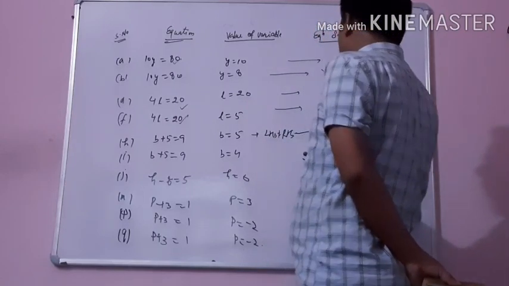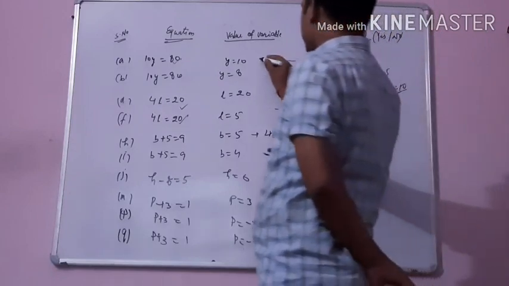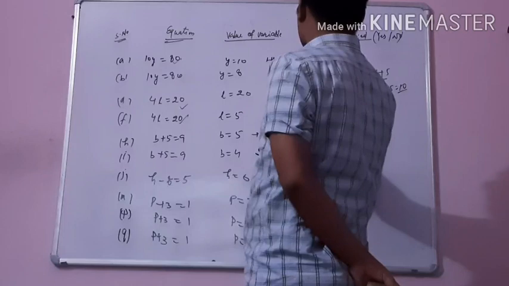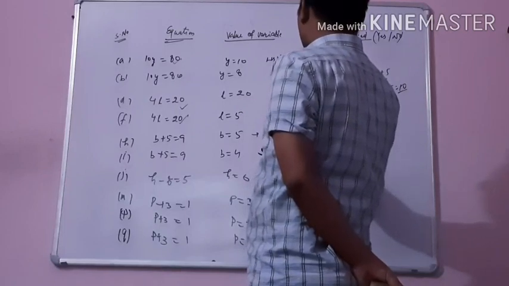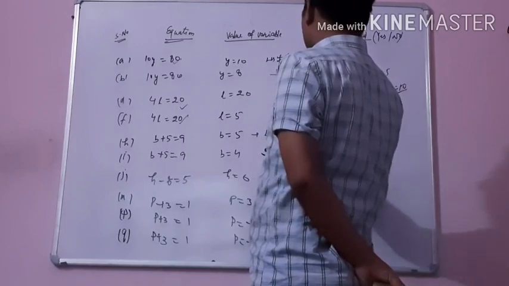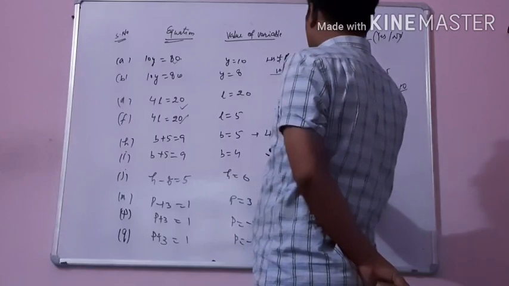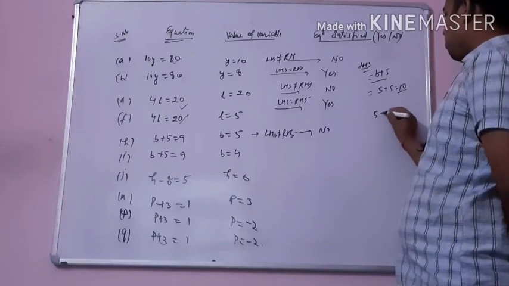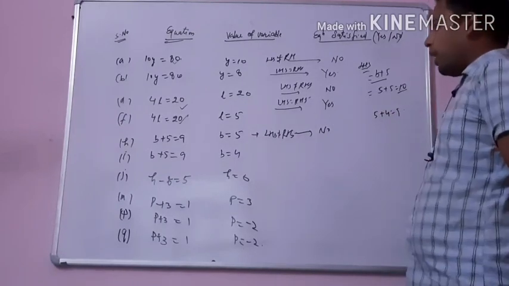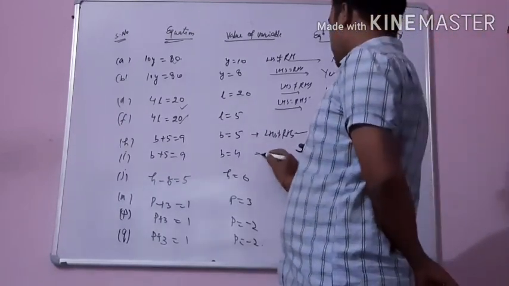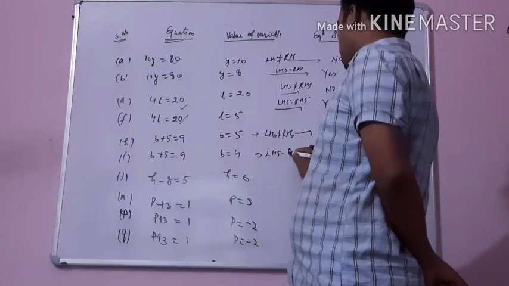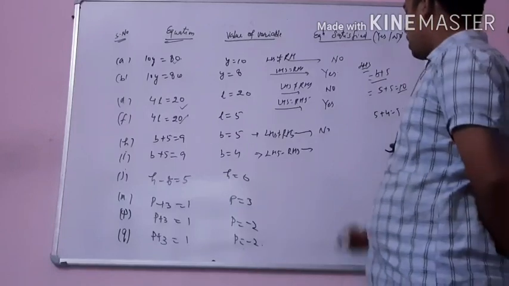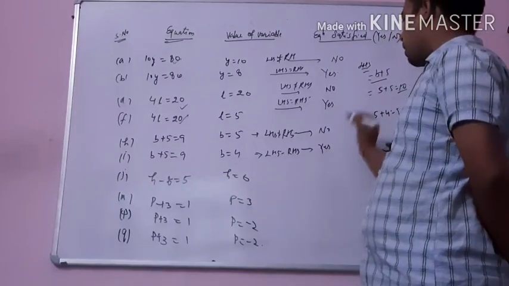So the condition will not be satisfied. Here LHS not equals to RHS. Here LHS equals to RHS. Now in the next one, 5 plus 4 equals 9. So LHS equals RHS. When LHS equals RHS, our condition is satisfied. So what will you write here?